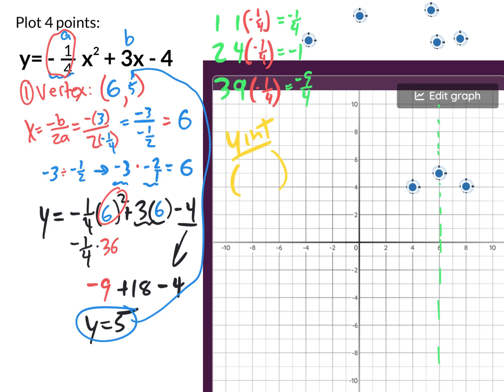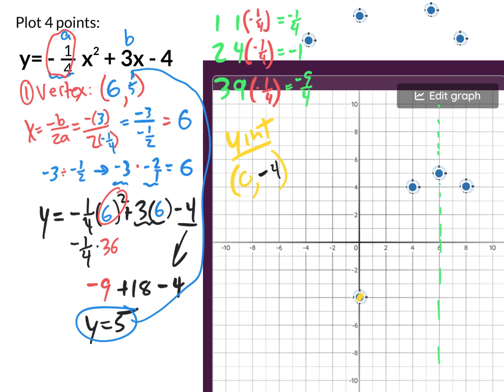Well, you set x equal to 0 and solve. And when you set your x's of a standard form quadratic trinomial equation equal to 0, what do you end up with? Your c value of negative 4. So the y-intercept is (0, negative 4). So I know it's going to cross at (0, negative 4) right there. And that would be the last point that you need to plot right there.